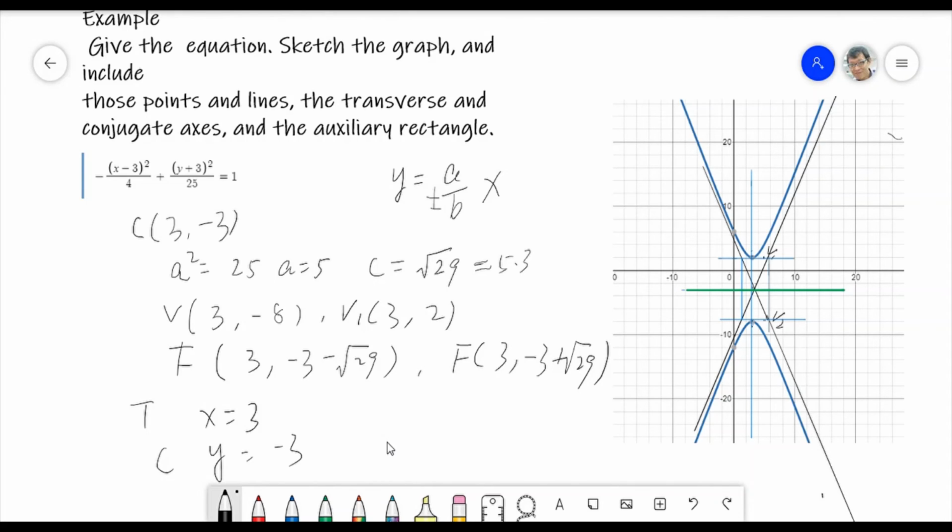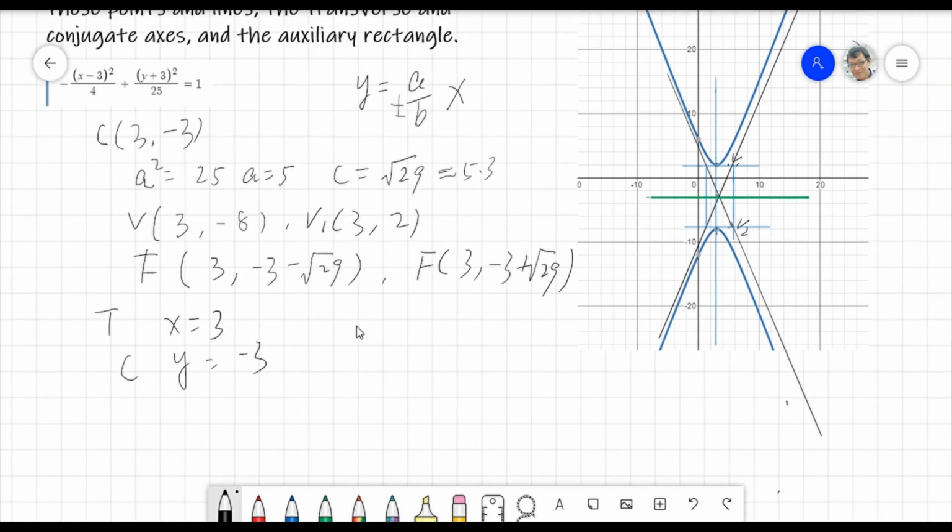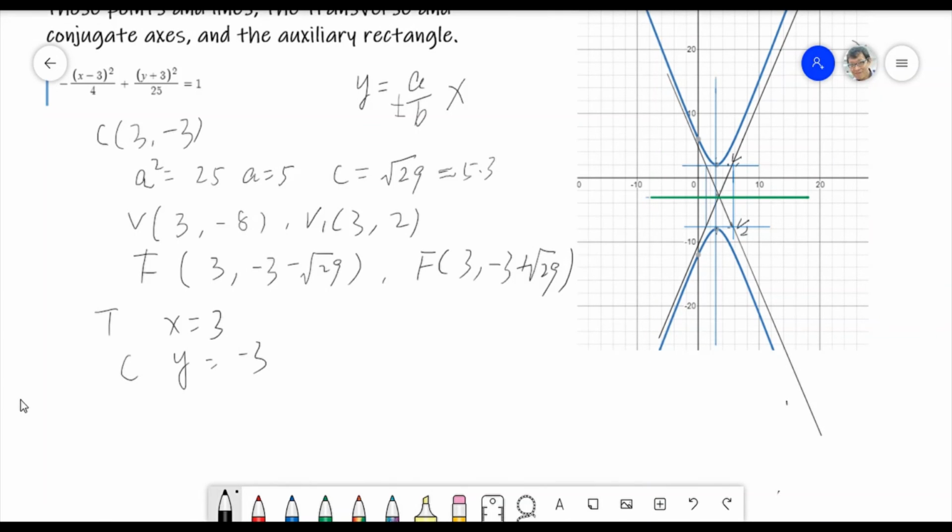So what else is needed? The auxiliary rectangle. What we need is to find the two axes, but they have to take the place of their center. So we just copy this one, the asymptote function. See here, it's y minus k, right? K is negative 3.